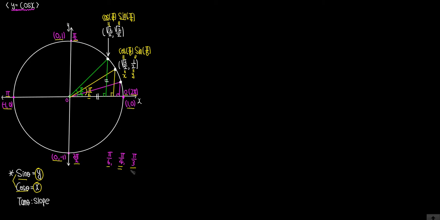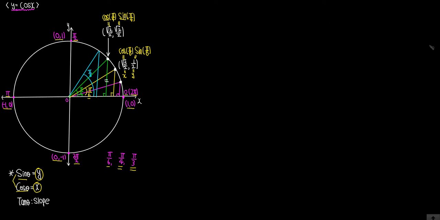Now let's think about the last special angle rotation, pi over 3 radians, which is 60 degrees. So the blue line, let's say the angle rotated pi over 3 radians, and pi over 3 radians stands for 60 degrees in terms of degree mode. And to think about the coordinate that is being formed because of the angle rotation pi over 3 radians, we need to create a right triangle.